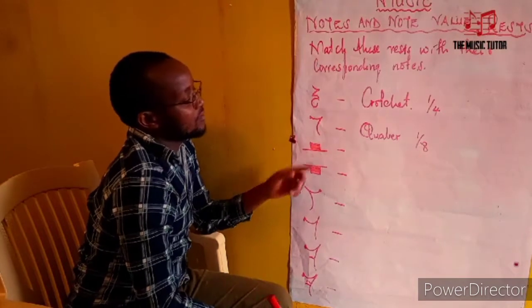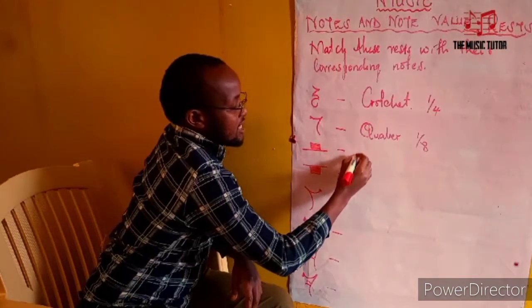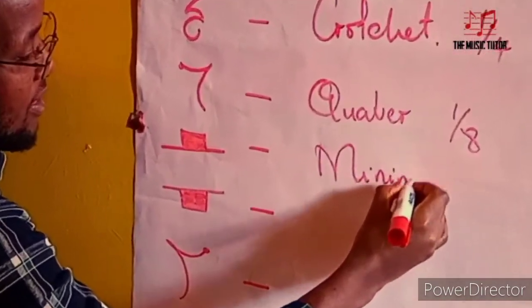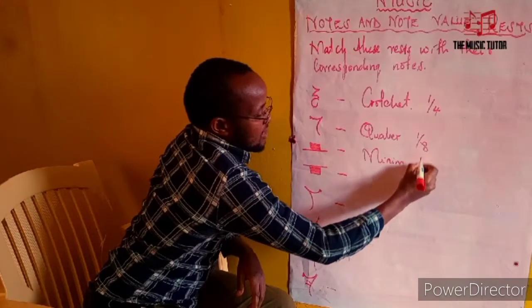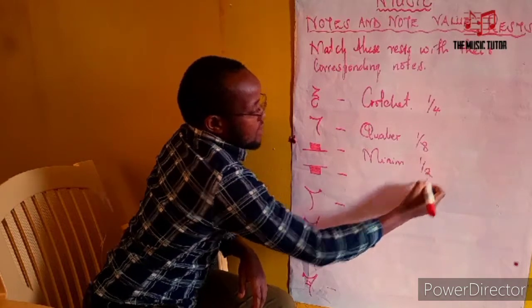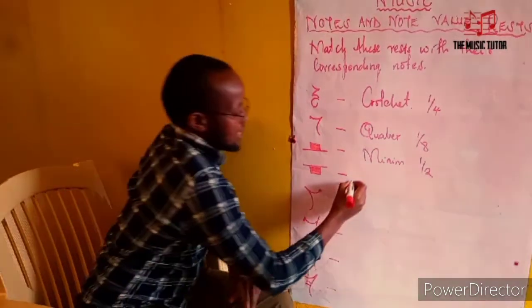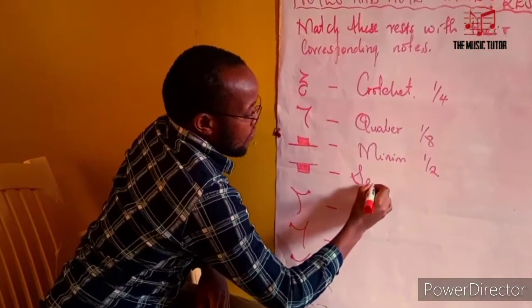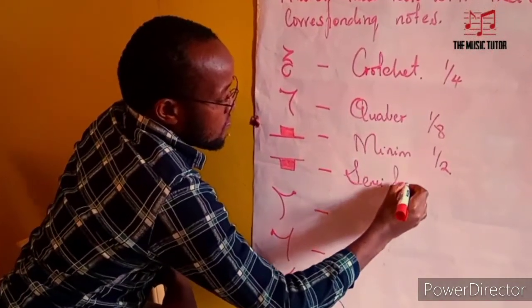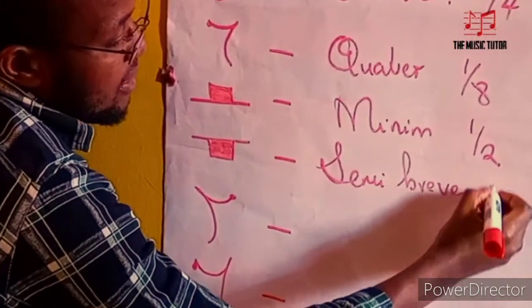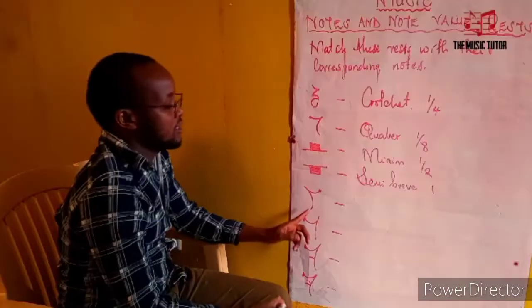This one here, it is a minim rest, meaning it is half a note. This one here is a semi-breve rest, meaning it is a whole note.